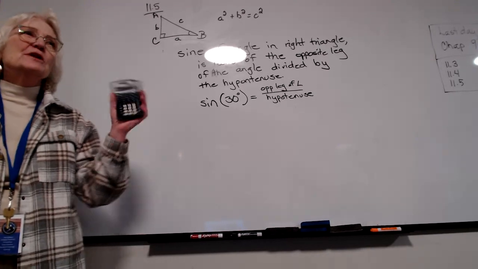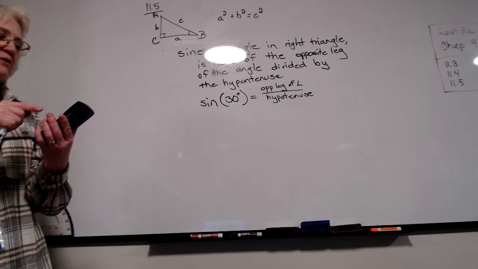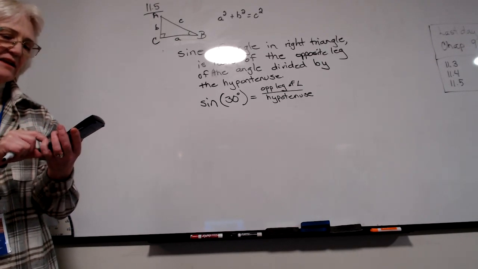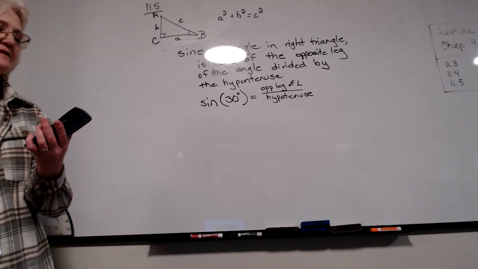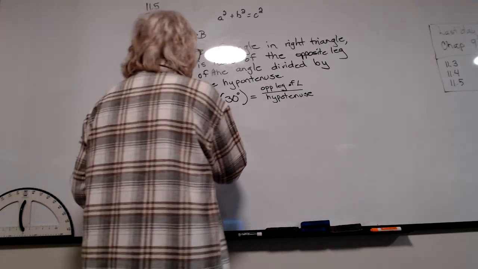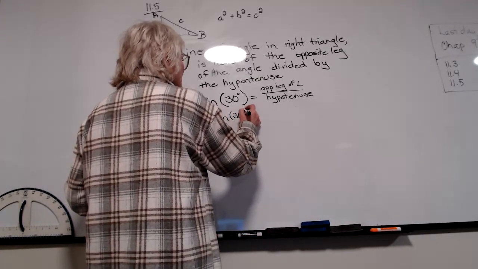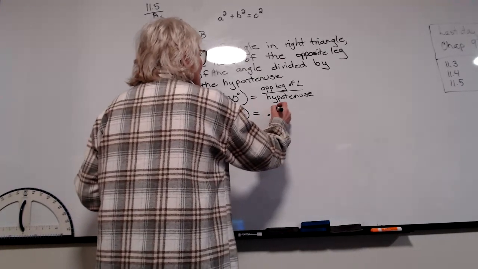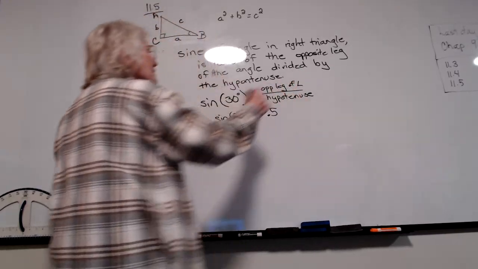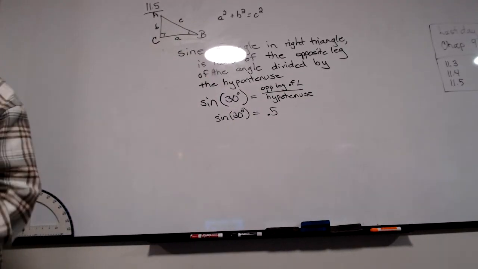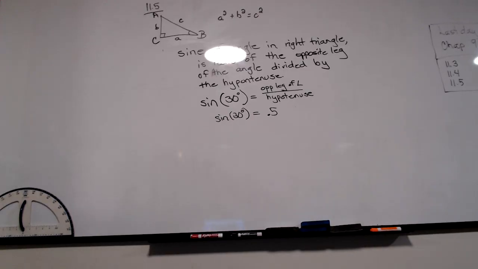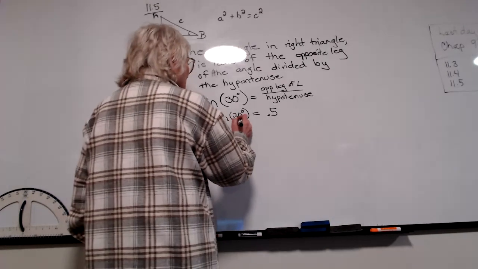When you put in sine and 30, as long as you're in degrees, it tells me that if my angle is 30 degrees, then the opposite leg is half of the hypotenuse, because it's a 0.5 ratio.